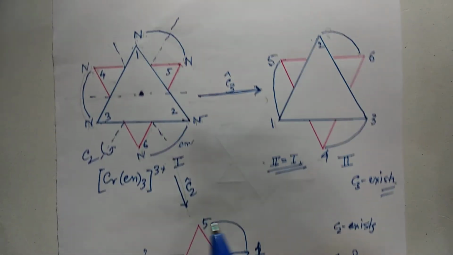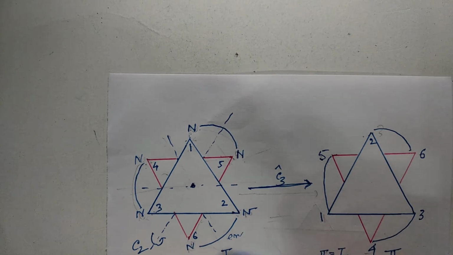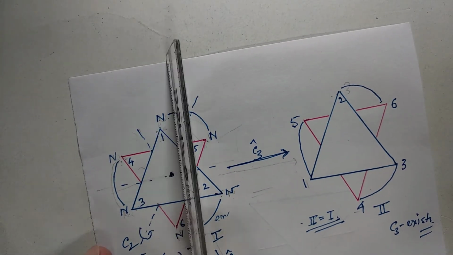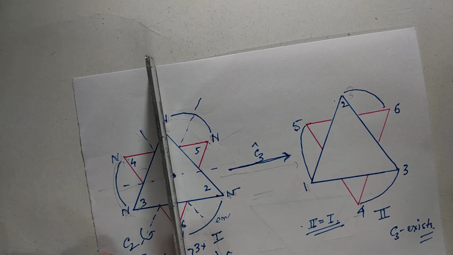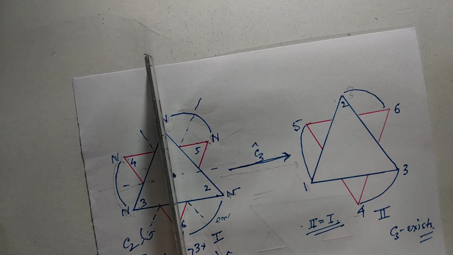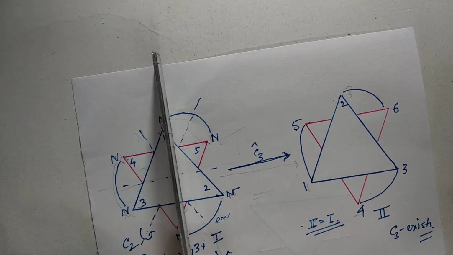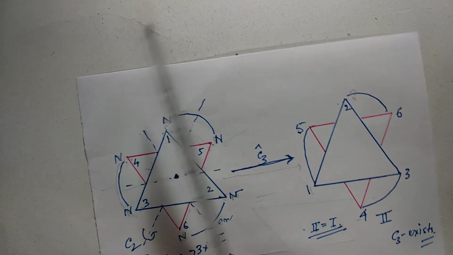Then we may try to find whether any vertical plane like this exists. We see that the two sides of this plane are not the same. This side has a bridge, the other side does not have. So such a plane also does not exist. A vertical plane containing the principal axis does not exist.